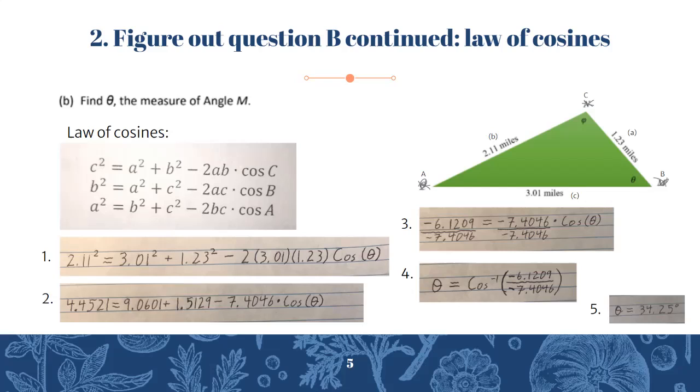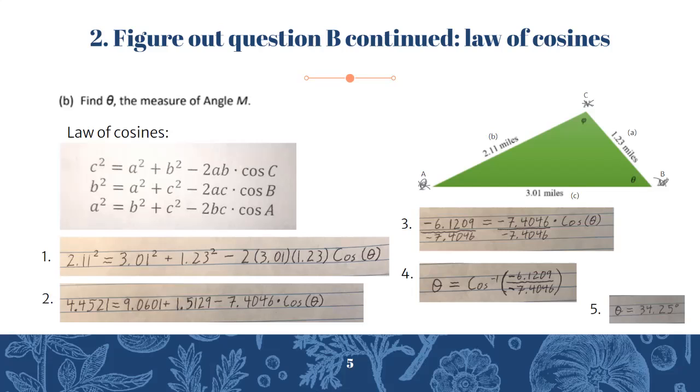And after that, we find the squares, and then we keep going through the steps, and eventually we will get negative 6.1209 equals negative 7.4046 times cos of theta.